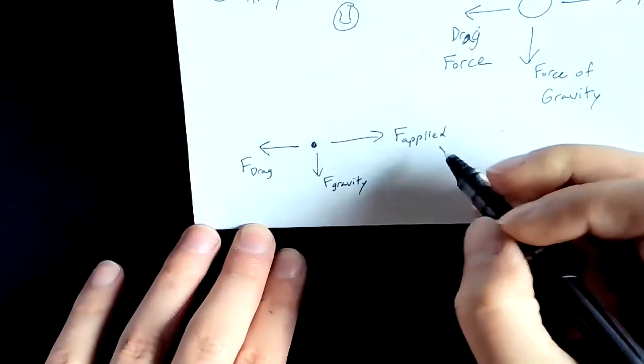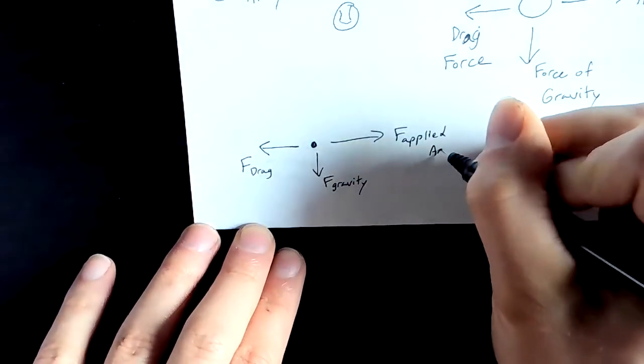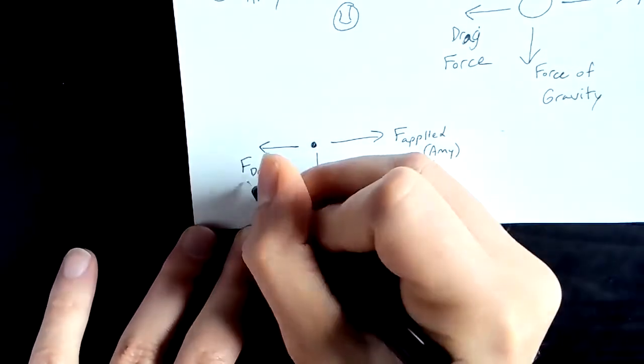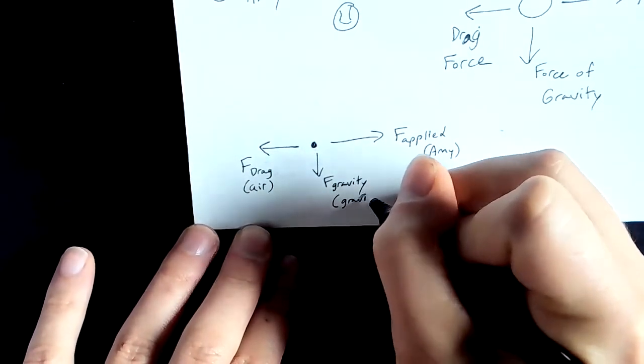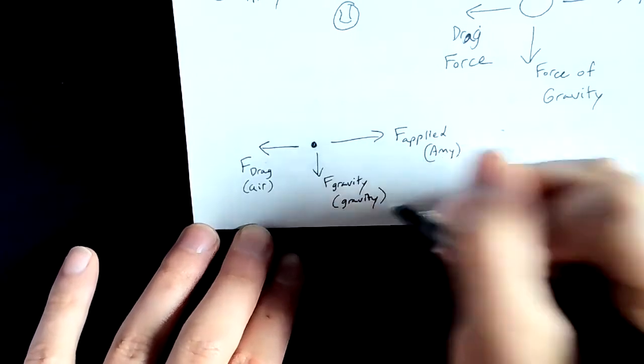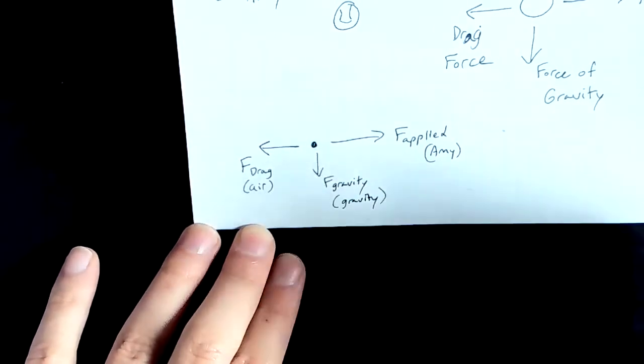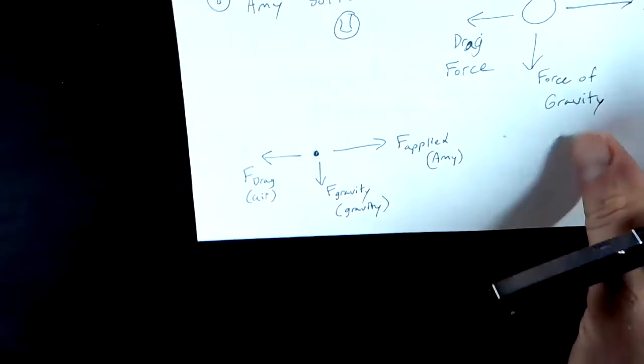Applied force from Amy, drag from the air, and then gravity. Kind of a given. There's three things acting on that ball.